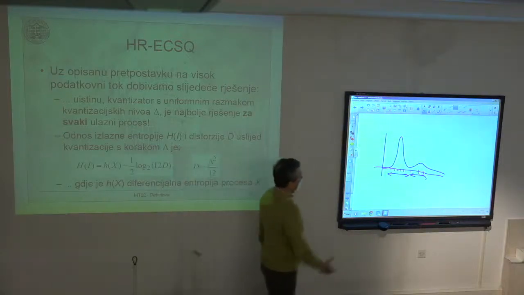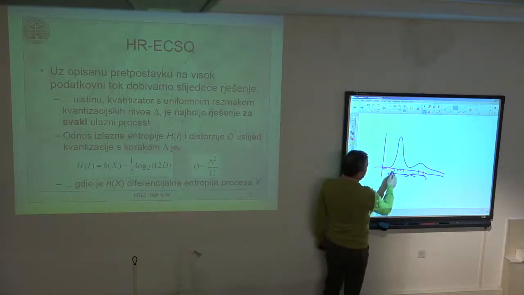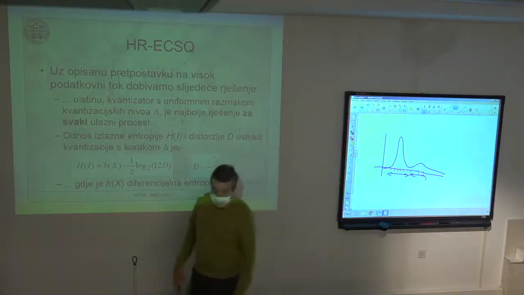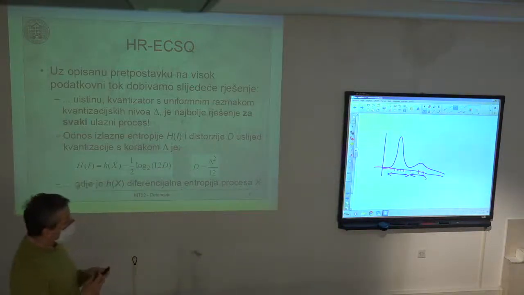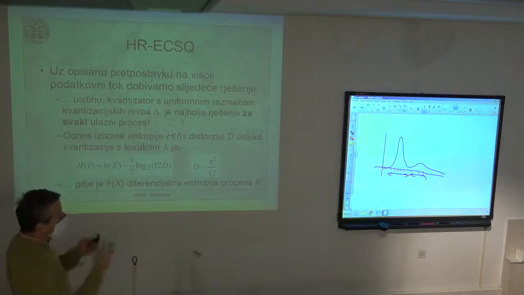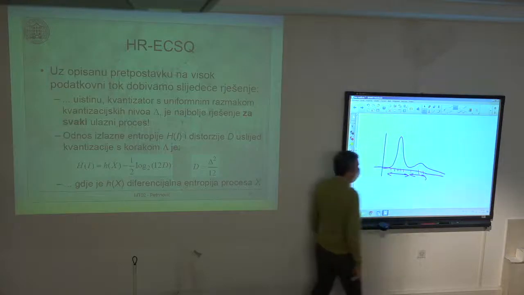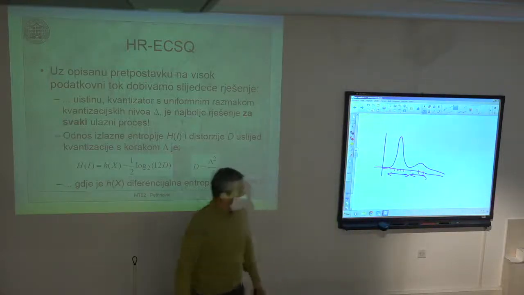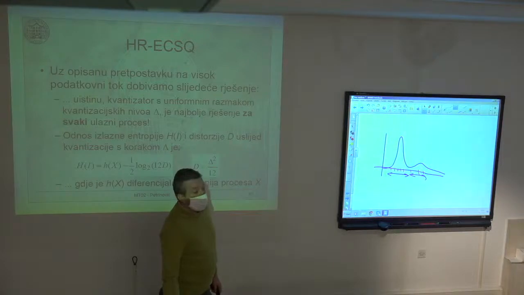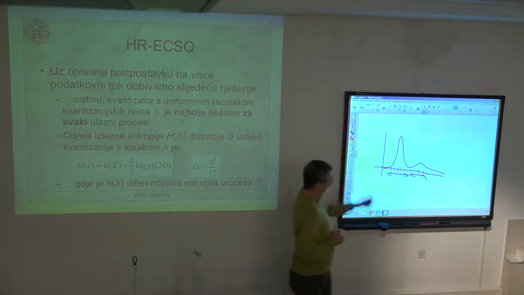They proposed that if I have a fixed number of quantization levels, in this example 8, I should arrange these quantization levels more densely where I have higher density of the probability density function, and more sparsely in the region where this PDF is much lower, where it has lower probability. And they proposed an iterative algorithm to find these optimal 8 positions of the quantization levels.